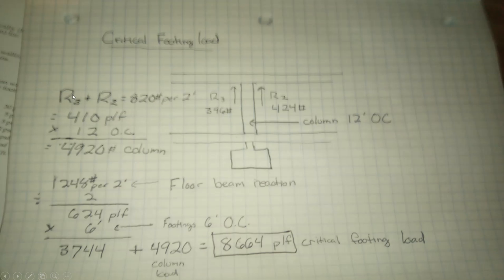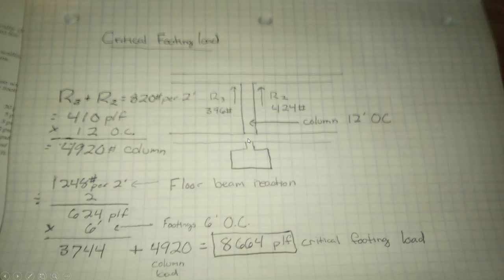So you have R3 plus R2 equals 820 per 2 feet. So that's those two numbers right there. So you divide that by 2 to get it into linear feet, and then multiply by 12 feet on center, and you get a 4,920 pound load just from the column.